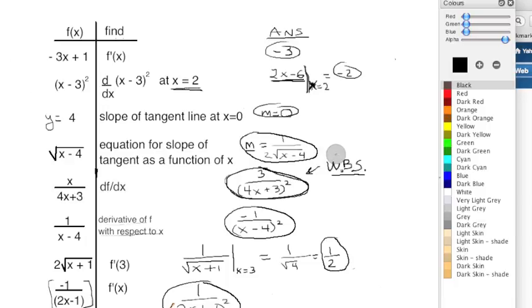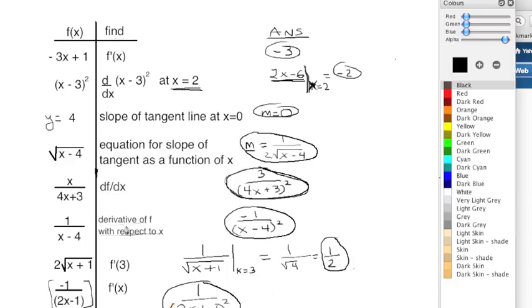But if you did not get that, to get this answer, you most likely did not WBS correctly. Also, notice in my expression for df dx, 3 over 4x plus 3 quantity squared, I left the 4x plus 3 alone. I did not FOIL that. So that's one way you can possibly get that one wrong.